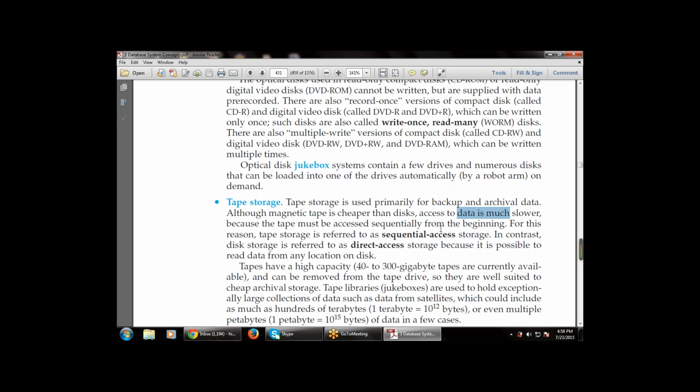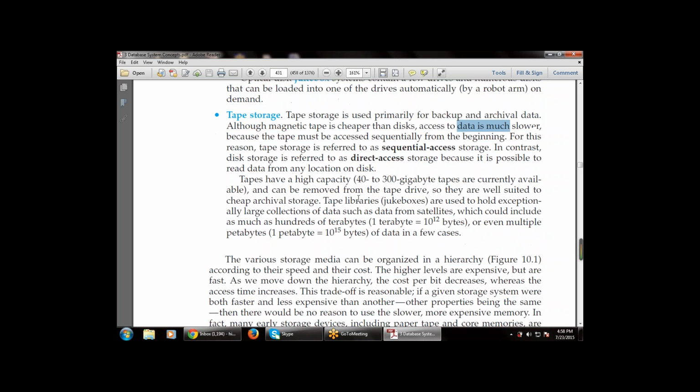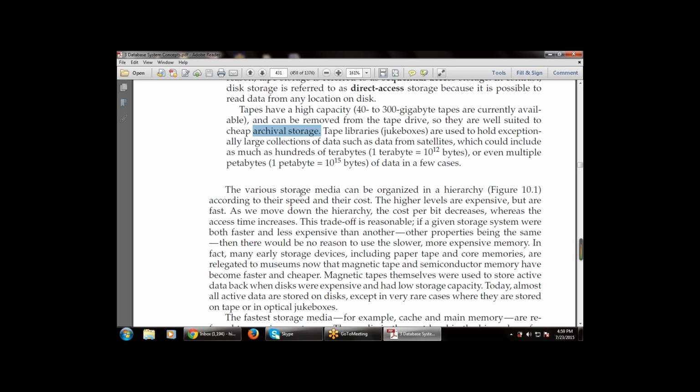Tapes have a high capacity, around 40 to 300 gigabytes, and can be removed from the tape drive, so they are well suited to cheap archival data. The various storage media can be organized in a hierarchy according to their speed and cost.